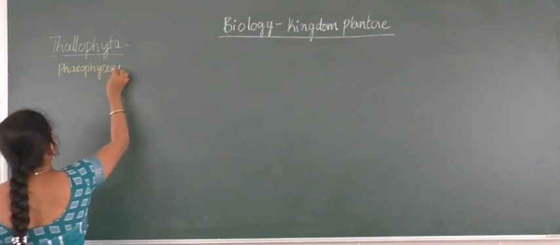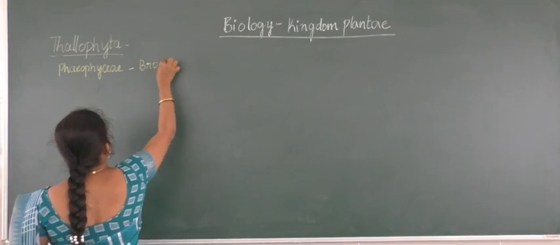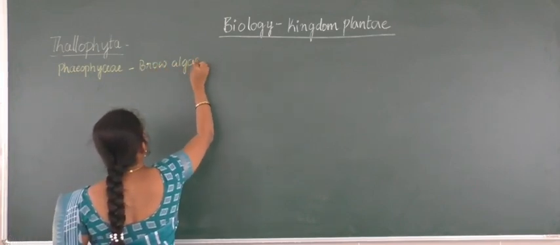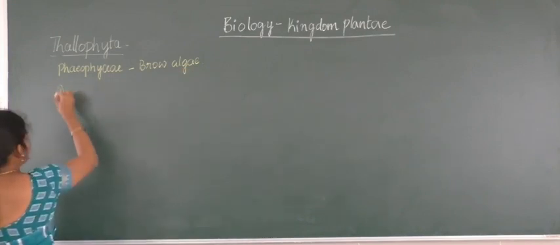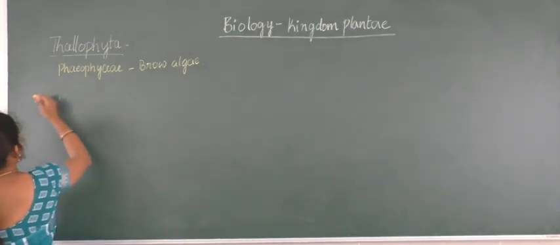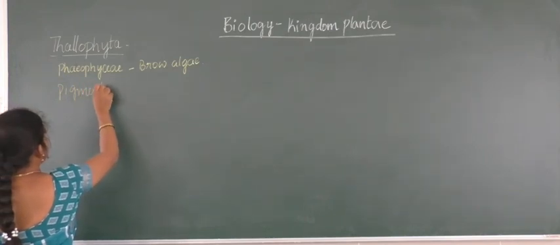Phaeophyceae, commonly called as brown algae, right? So here these contain pigments, photosynthetic pigments.